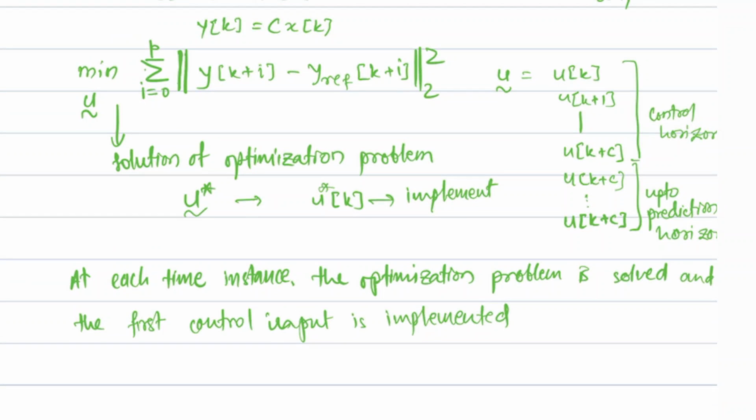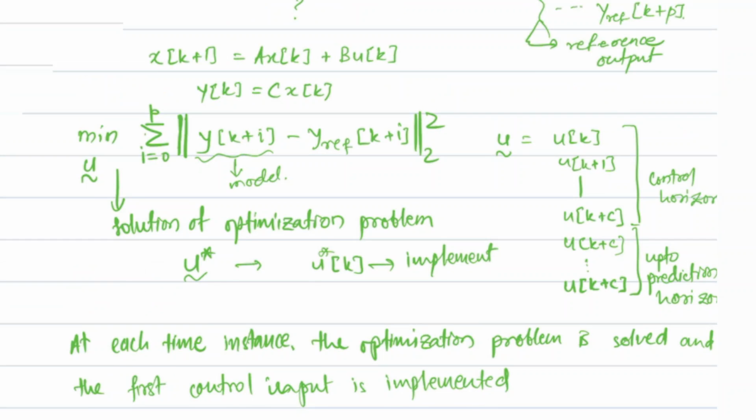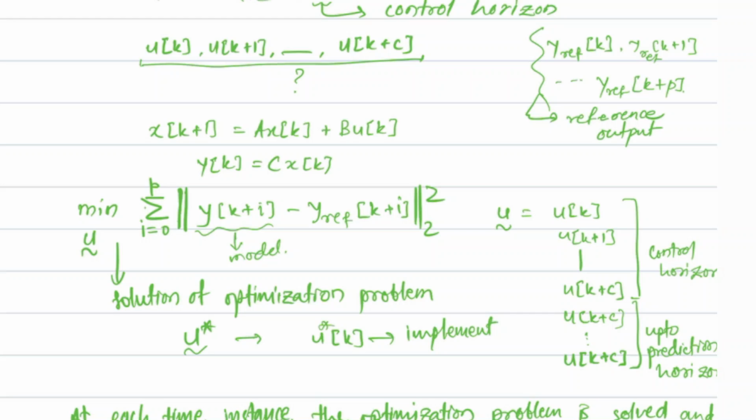Here, this thing comes from the model. That is one brief overview of model predictive control.